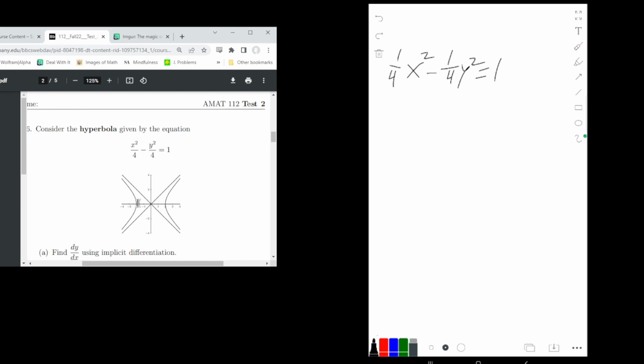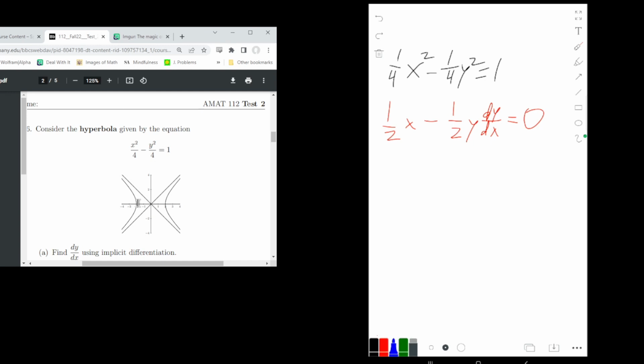So we take the derivative of this using the power rule, multiply 1/4 by 2, we get 1/2 x, subtracting 1 from the exponent 2, which leaves x. And we'd get the same thing for 1/4 y squared, only we have to remember that at the end we multiply by y prime, which in this case I will write as dy dx. And the derivative of 1 is 0.